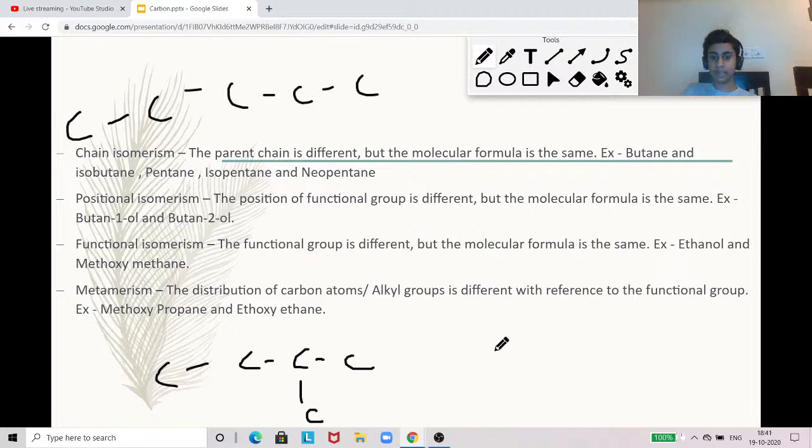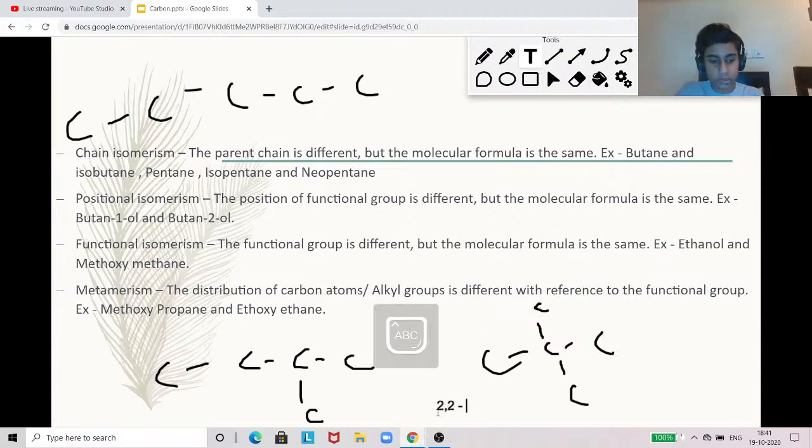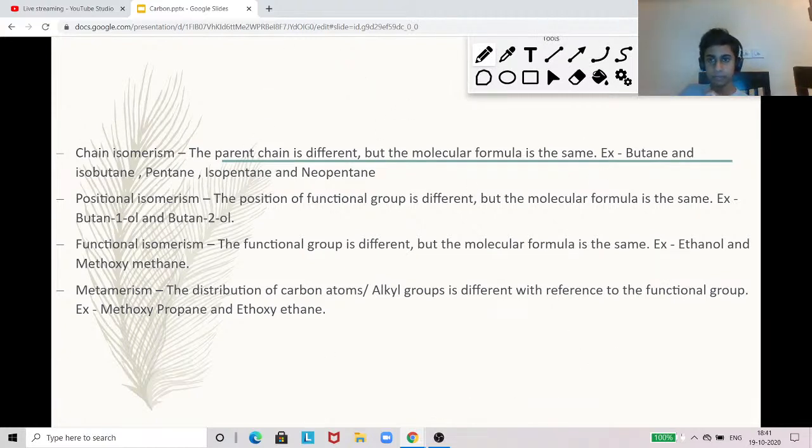And neopentane, interestingly, has only 3 carbon atoms in the chain, and we have 2 methyl groups on the same carbon. So isopentane will be 2-methyl butane, and neopentane will be 2,2-dimethyl propane. When we have 2 methyl groups attached to the second carbon, we call it neo. This is the common name.